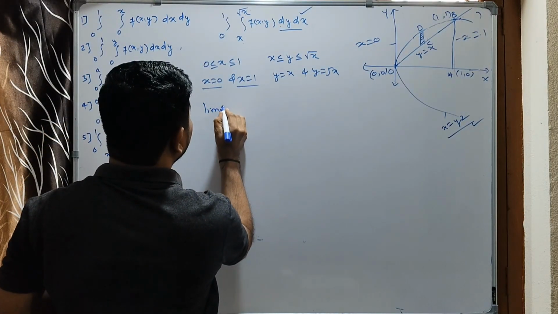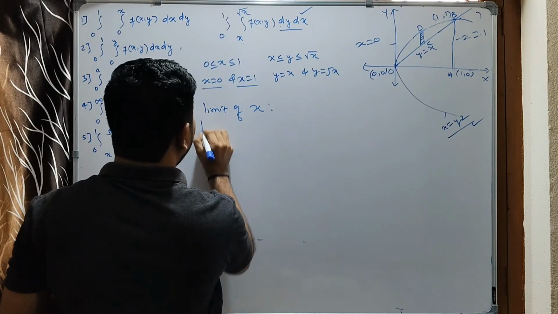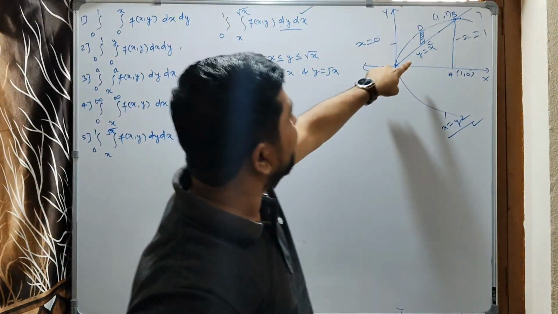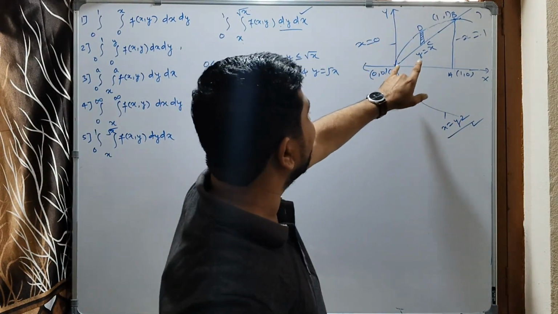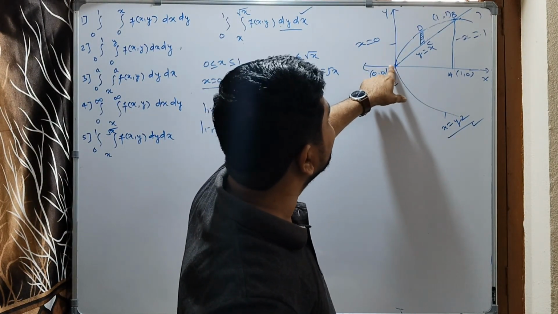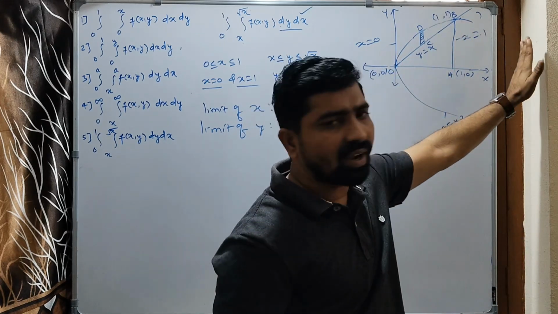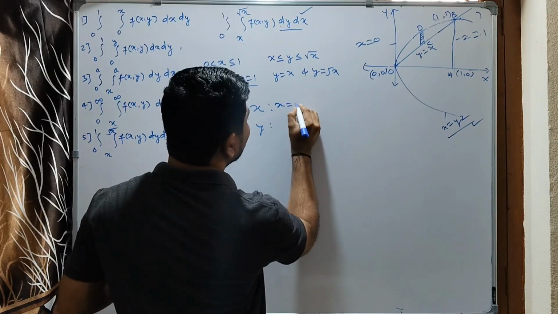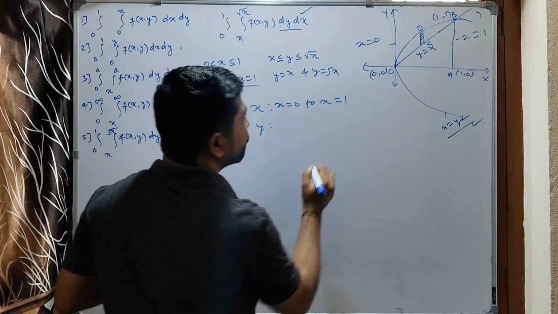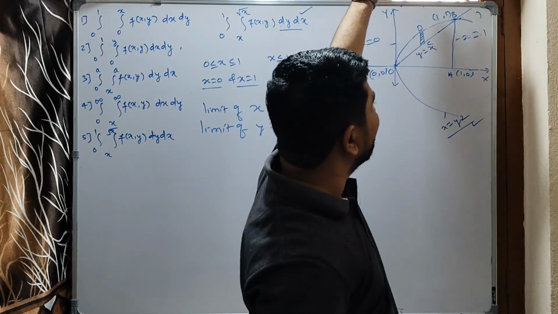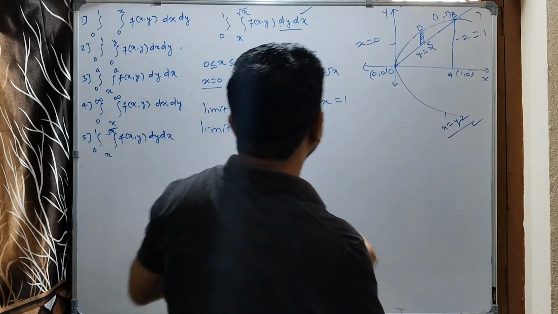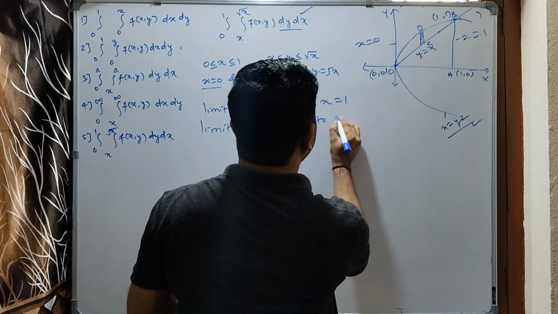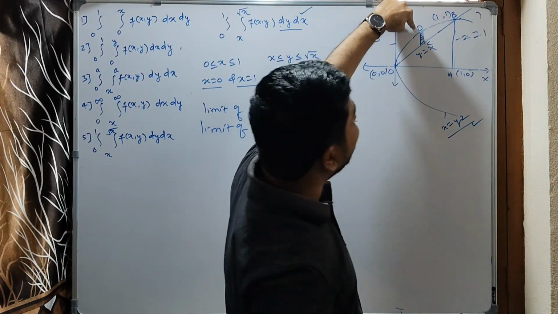My strip moves from this point to this point, so along the x-axis it goes from x equal to 0 to x equal to 1, and y goes from y equal to x to y equal to root x.